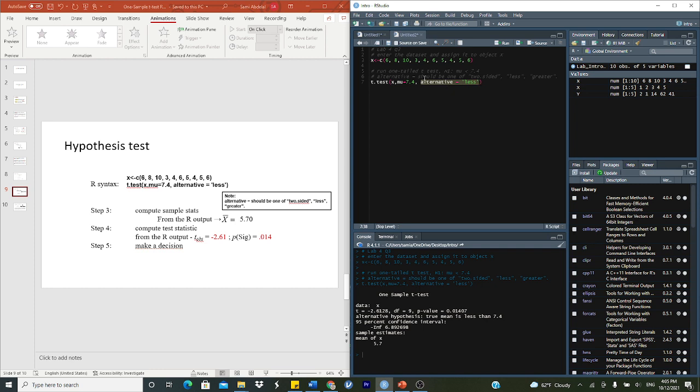If it was a two-tailed t-test, then you don't really have to write anything. You could just end it right here with the right parens, and then just run it without this stuff. But again, we're doing a one-tailed t-test, so we have to specify the direction. So left side is less, and then right side is greater.